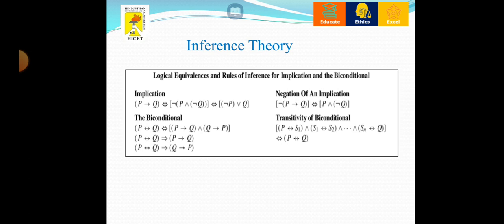Implication: P implies Q is equivalent to not P or Q. From the biconditional: P if and only if Q is equivalent to P implies Q and Q implies P. Then P if and only if Q implies P implies Q, and P if and only if Q implies Q implies P. The negation of an implication: not of P implies Q is equivalent to P and not Q. So these are all some equivalence and implication formulas.